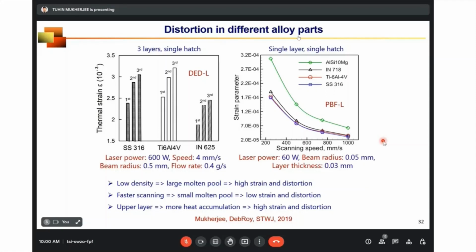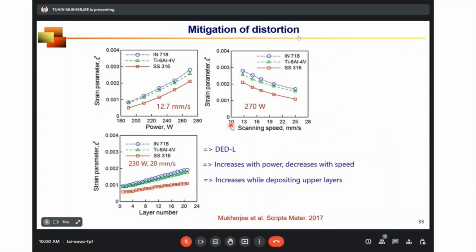So this kind of calculation gives us some idea of printability, which is nothing but the applicability of a particular alloy to additive manufacturing. For a particular alloy, if we want to use DED, and it is very susceptible to distortion or other defects, then we probably cannot use it. So that's printability.